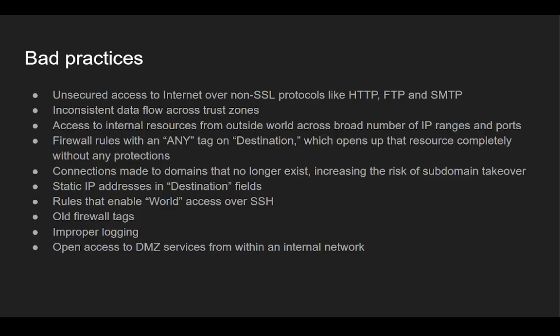Don't use FTP, don't use Telnet, don't use anything without a cipher. Inconsistent data flow across zones, access to internal resources from the outside world across a broad number of IP ranges and ports, firewall rules with any tag on destination, which opens up the resource completely without any protection. We have to be very careful with the any.